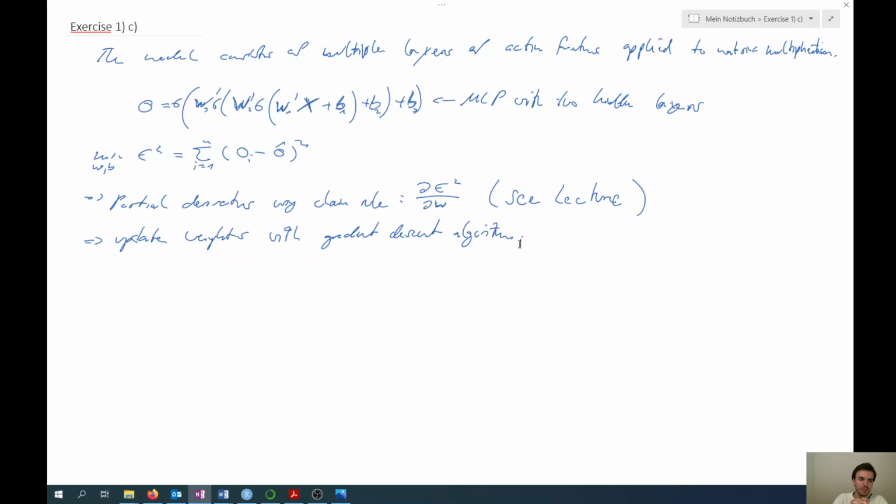Let's note down first the equation of the gradient descent algorithm. The weight for the next pass will be the weights minus the learning rate times the partial derivative.